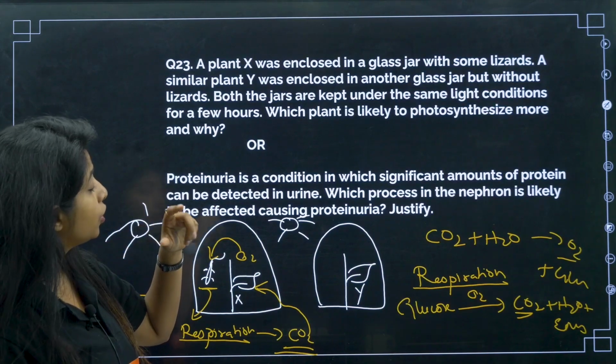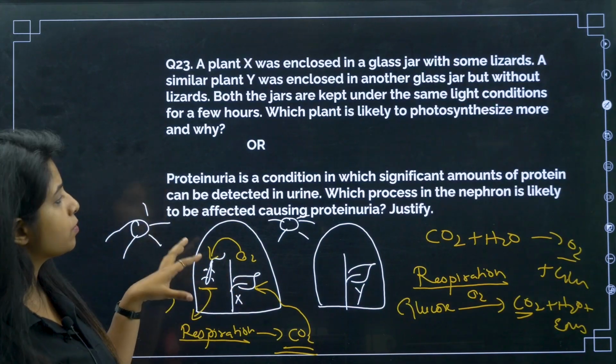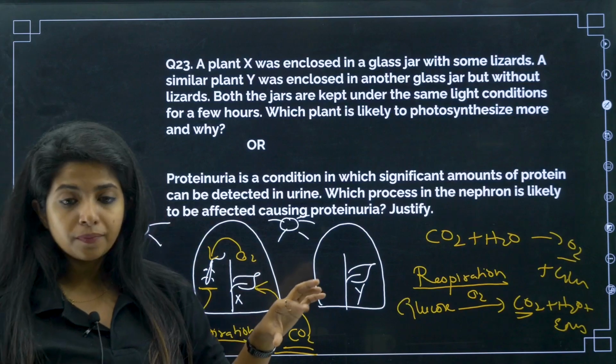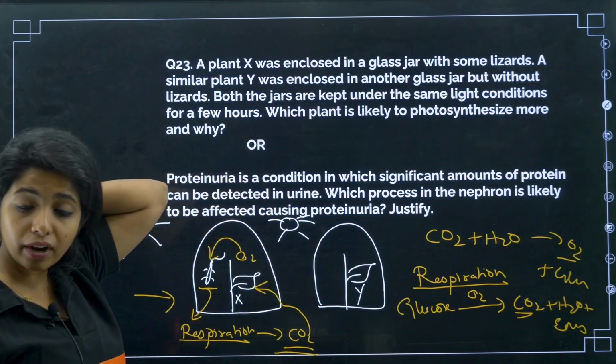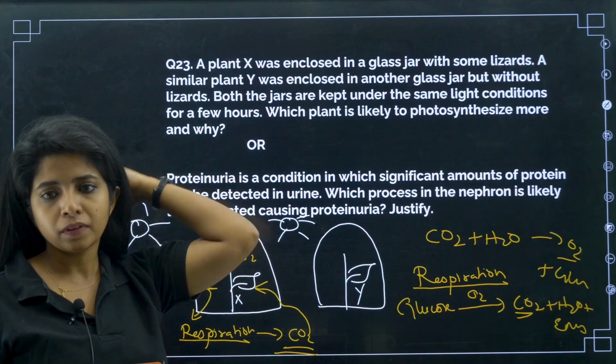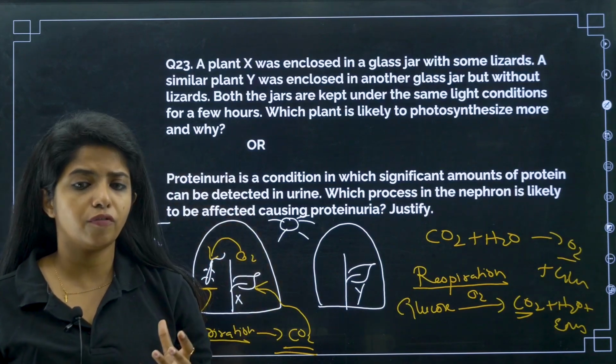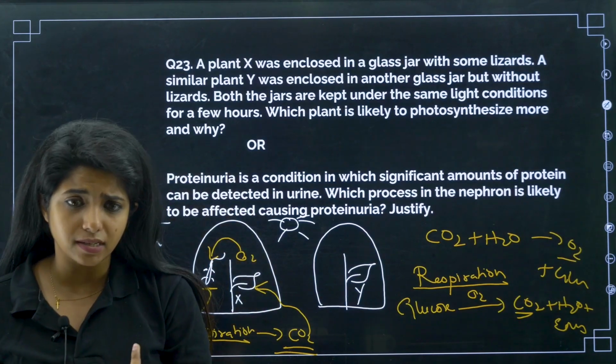Proteinuria is a condition in which significant amounts of proteins can be detected in the urine. In the urine, you are finding protein. Which process in the nephron is likely to be affected, causing proteinuria, and justify? So, what do you think is the problem with the nephron, which is why you are getting proteins?